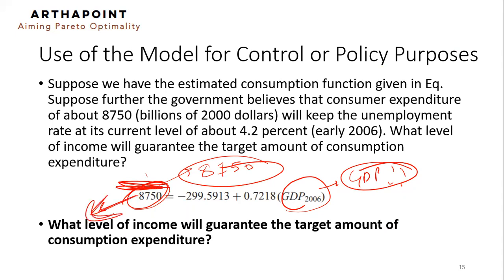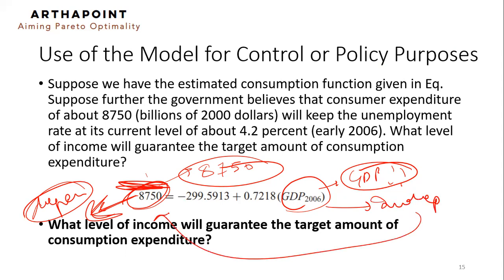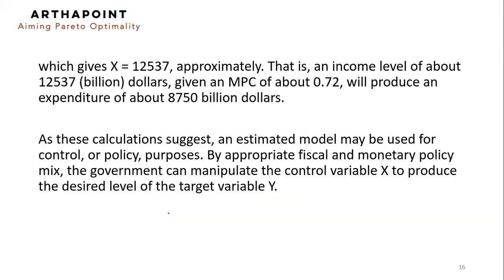I want to hold this dependent variable at a certain value. I want to say that dependent is fixed at 8750. What value of independent variable will ensure that I have 8750 as the dependent variable? That is how we use it for the purpose of policies.